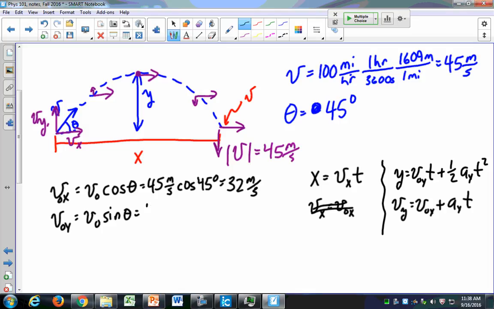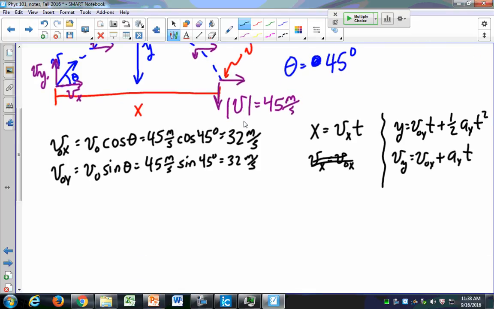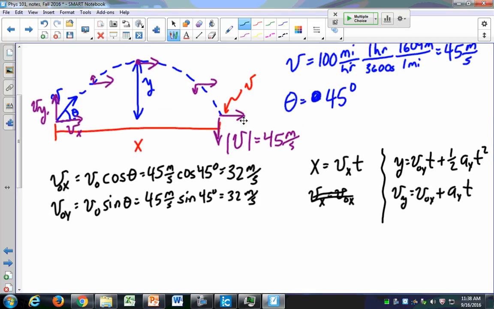And then it's going to be exactly the same here because cosine of 45 is equal to sine of 45. Alrighty? So we're almost set up to start the problem. But these are all things that you'll need to figure out. You'll always need to figure out, or most of the times, you'll need to know the initial velocity in the y direction and in the x direction.